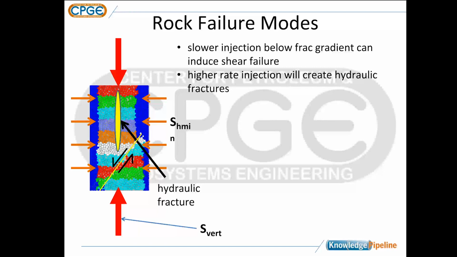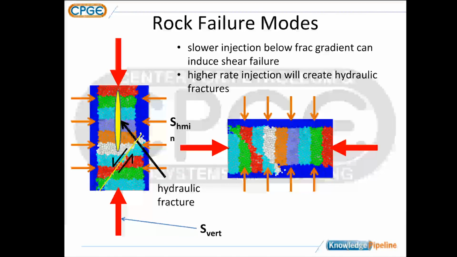Now this is for a normal faulting stress regime, which is what we call the kind of stress when the vertical stress is the most compressive stress. In some areas of the Earth, the most compressive stress is actually the horizontal stress. And so now I've rotated this diagram by 90 degrees. SH max is what we would call that red stress.